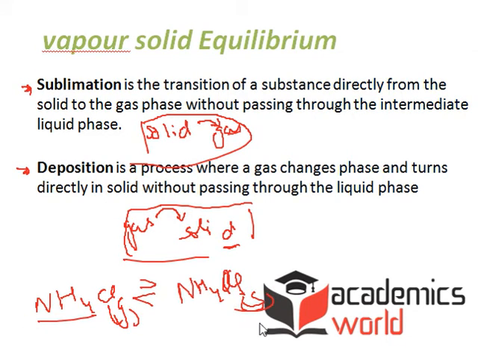So ammonium chloride gas and this ammonium chloride solid. This is a perfect example of vapor solid equilibrium. But please note, equilibrium requires a closed system to attain the equilibrium state.